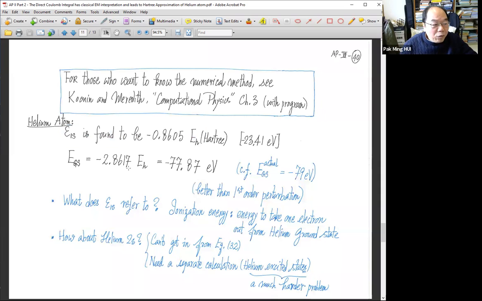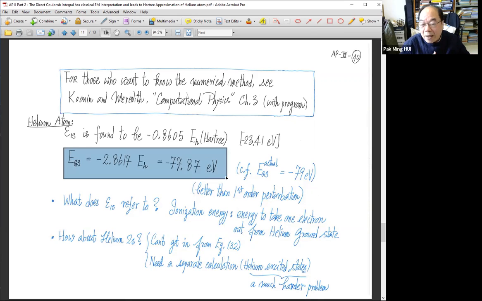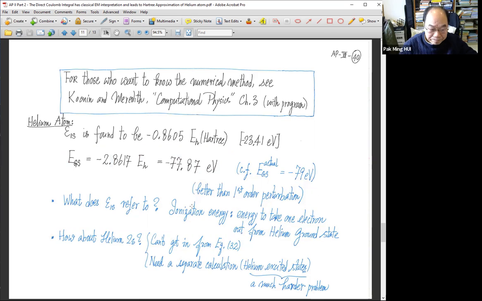Then, if we do all this, the ground state energy of the helium atom is this number. Okay, last time we compared that the first order perturbation and variational calculations are getting closer and closer. This one is actually even closer to the actual value.